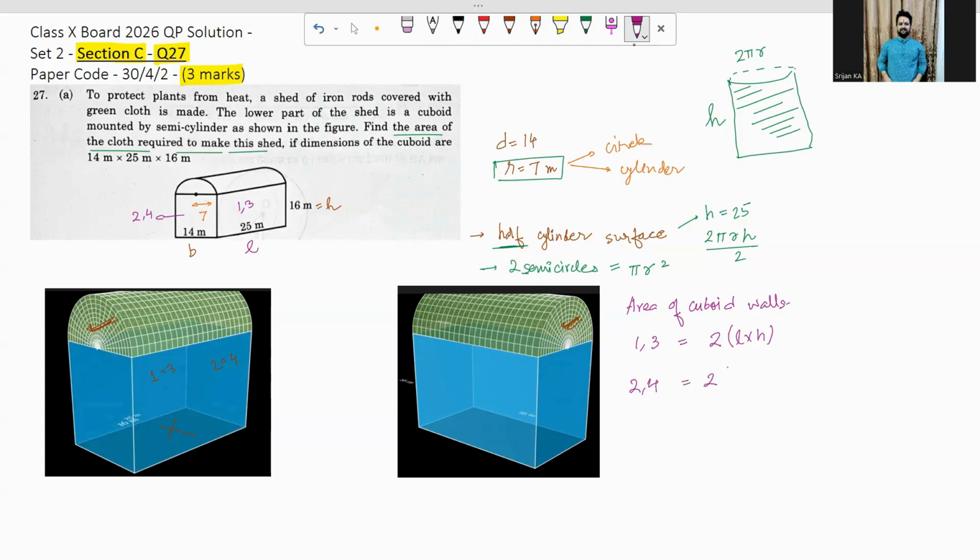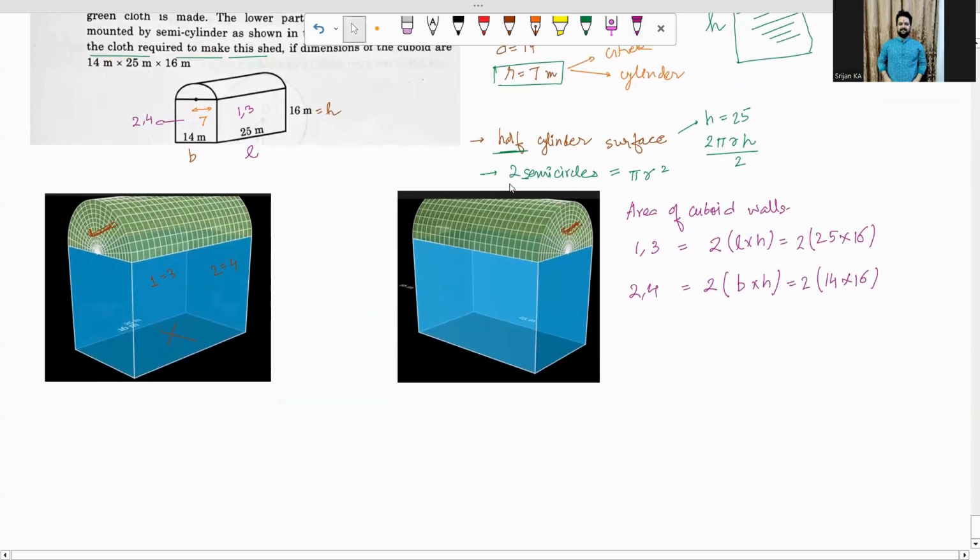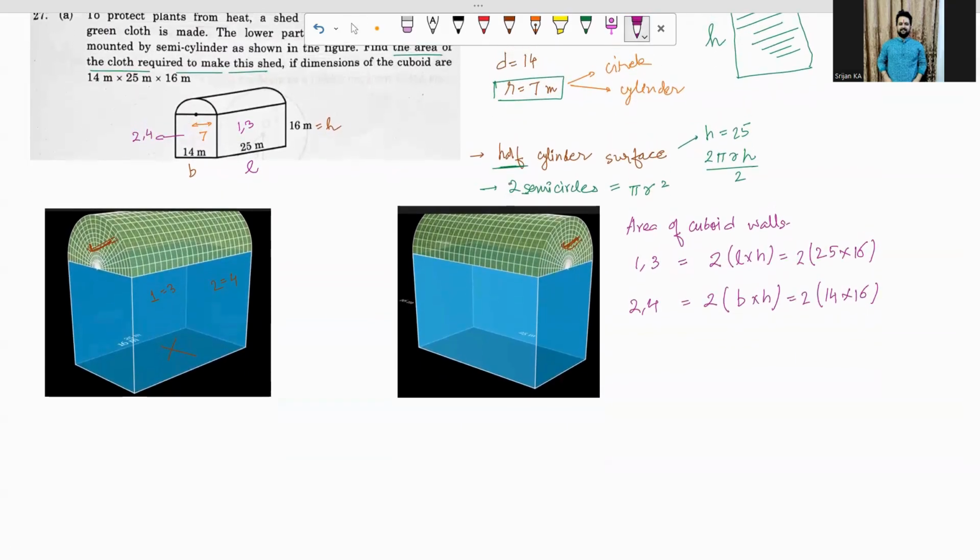For 2, 4, again 2 walls, I am finding area for 2 walls. For the second and fourth, 14 meter is the breadth and height is 16, so B into H. L is 25 into 16, and 14 into 16.